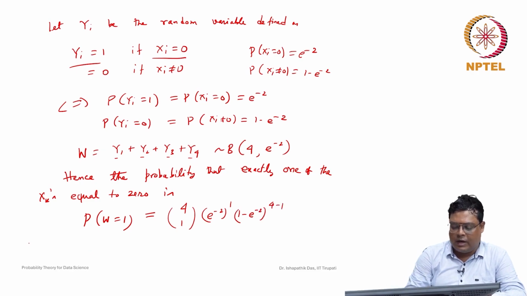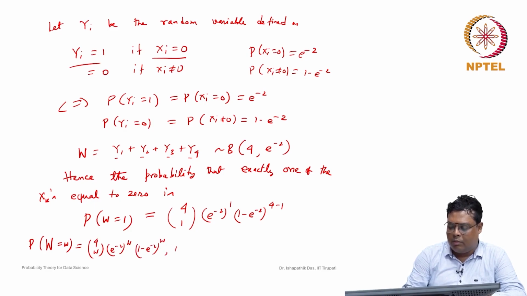Generally we write that w is equal to some small w, this is the random variable small w: 4C small w, p to the power of w, (1 minus p) to the power of 4 minus w, for w equal to 0, 1, 2, 3 and 4, because 4 total we are adding, and this is 0 otherwise. This is the binomial probability mass function.